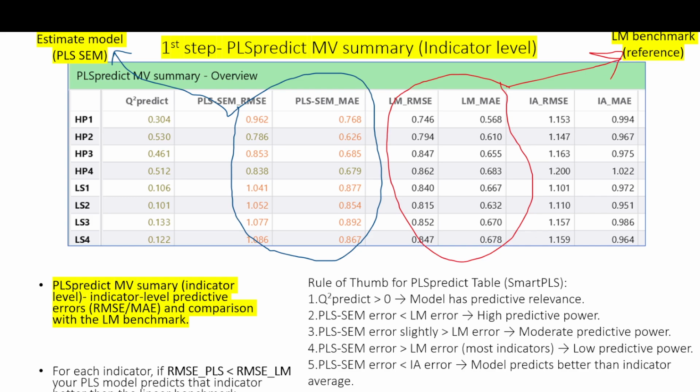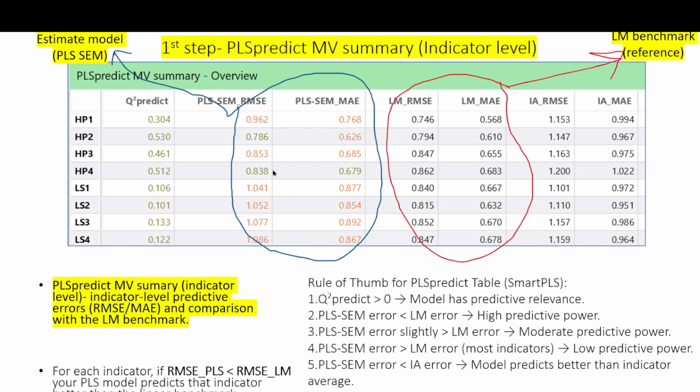So in this way, compare RMSE or MAE values. If lower values are there, then that indicates a better prediction. So the PLS predict MV summary, manifest variable summary or indicator level predictive errors, RMSE or MAE, and comparison with the LM benchmark. It means linear model benchmark.